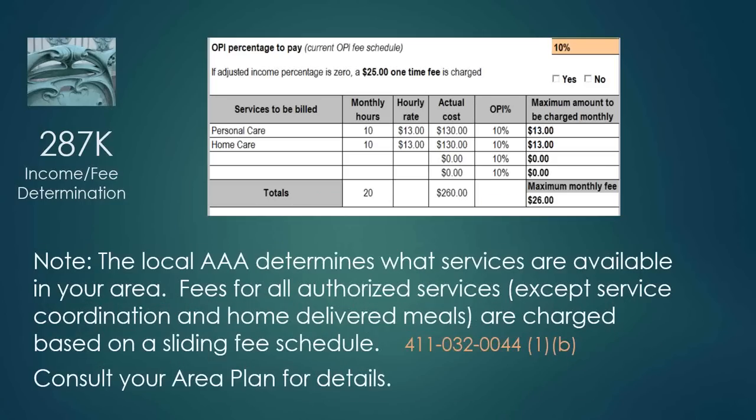Let's go on to the next slide, and we'll see that the AAA determines what services are available in your area. So not all services are available in all areas, but you'll want to put down the cost of those services and the percentage that the client or individual needs to pay.